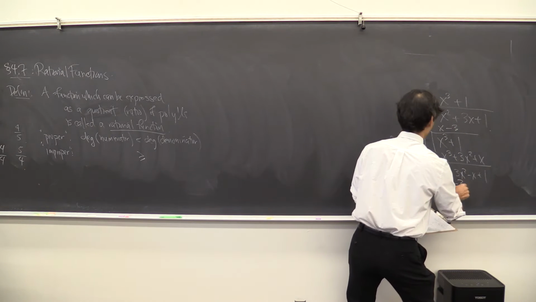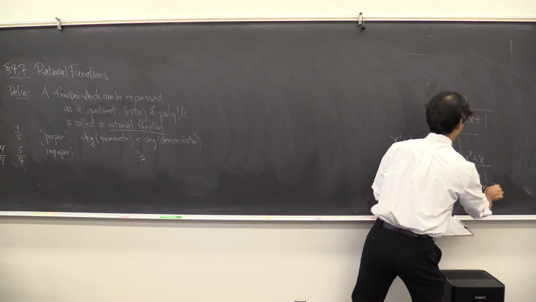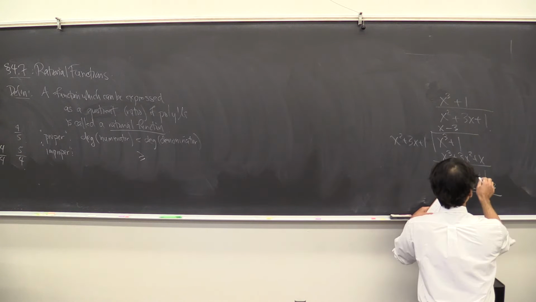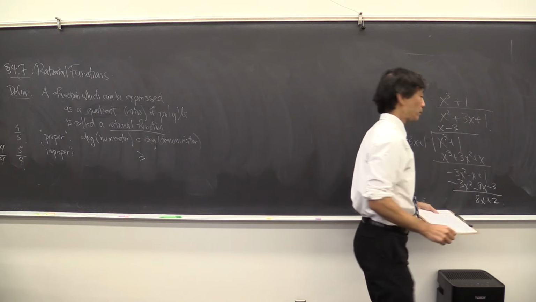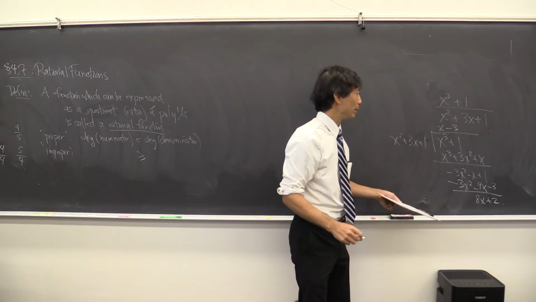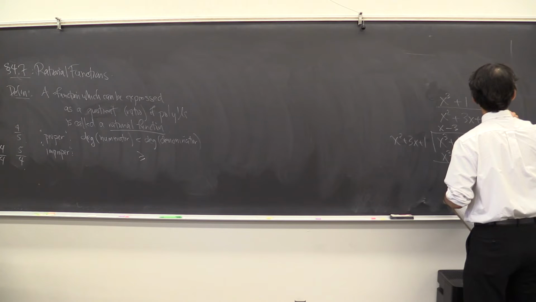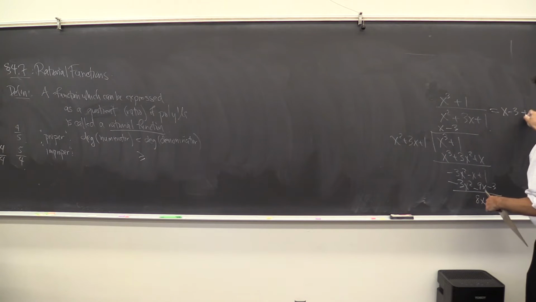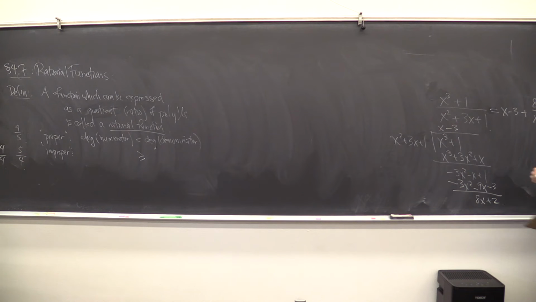I subtract off negative 3x squared minus 9x minus 3, and then you get 8x plus 2, and that's your remainder. So this thing turns out to be x minus 3 plus 8x plus 2 over x squared plus 3x plus 1.